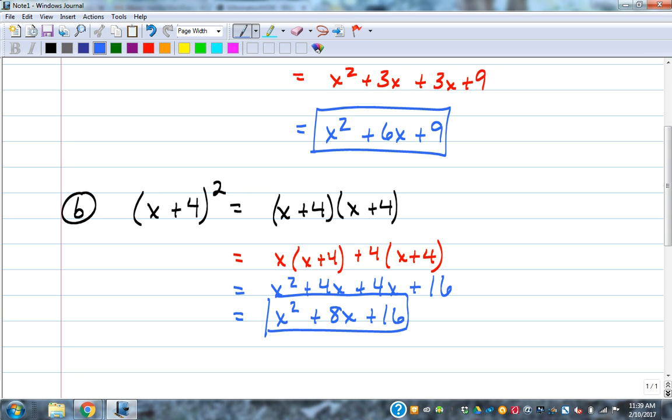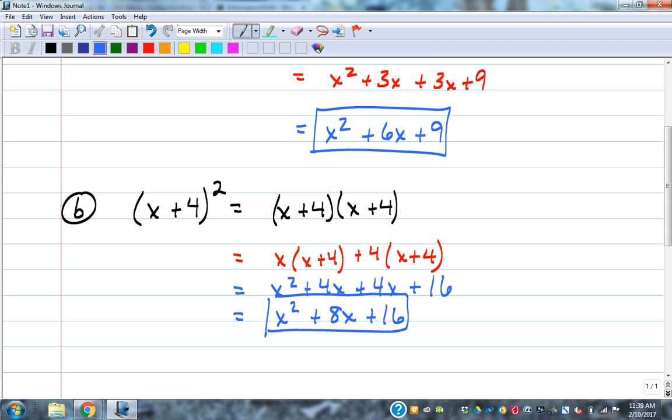What changes about it? What gets the 16? 4 times 4, right? Which is actually 4 to what power? Second, squared, right? Same as this squared. So if we square x, we get this thing in front. If we square 4, we get this thing in the back. How can we get the middle piece? Say it again. All right.